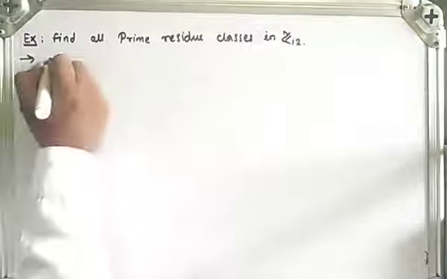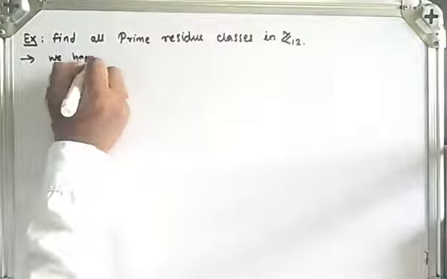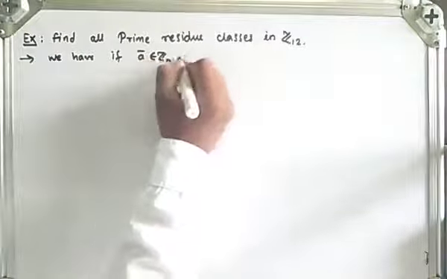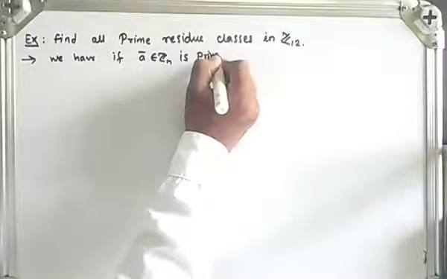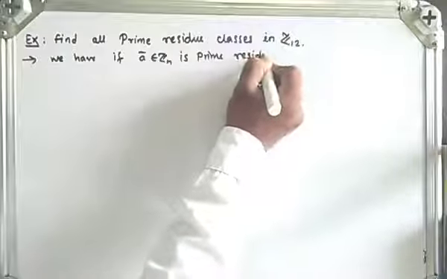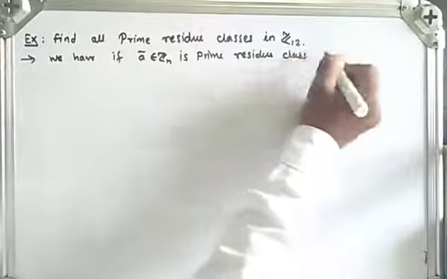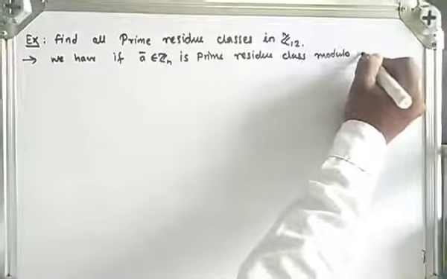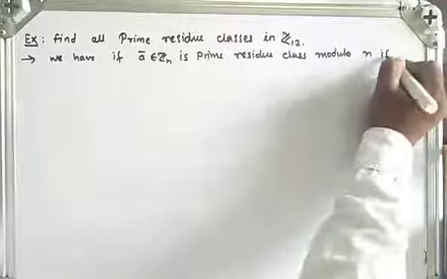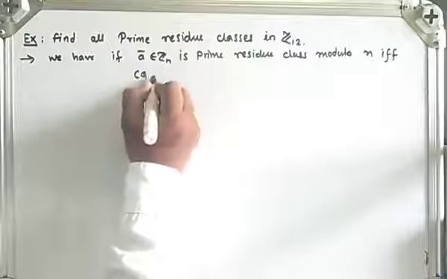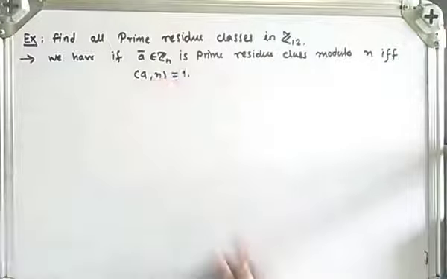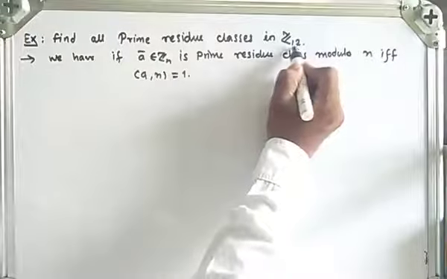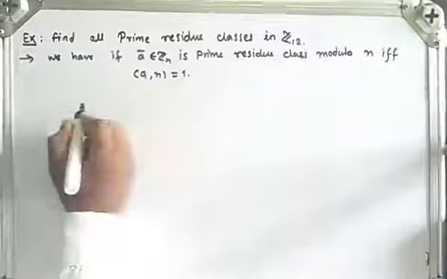So we have, a bar belonging to Zn is a prime residue class modulo n if and only if GCD of a and n is equal to 1. Means we will find elements a whose GCD with 12 is equal to 1.